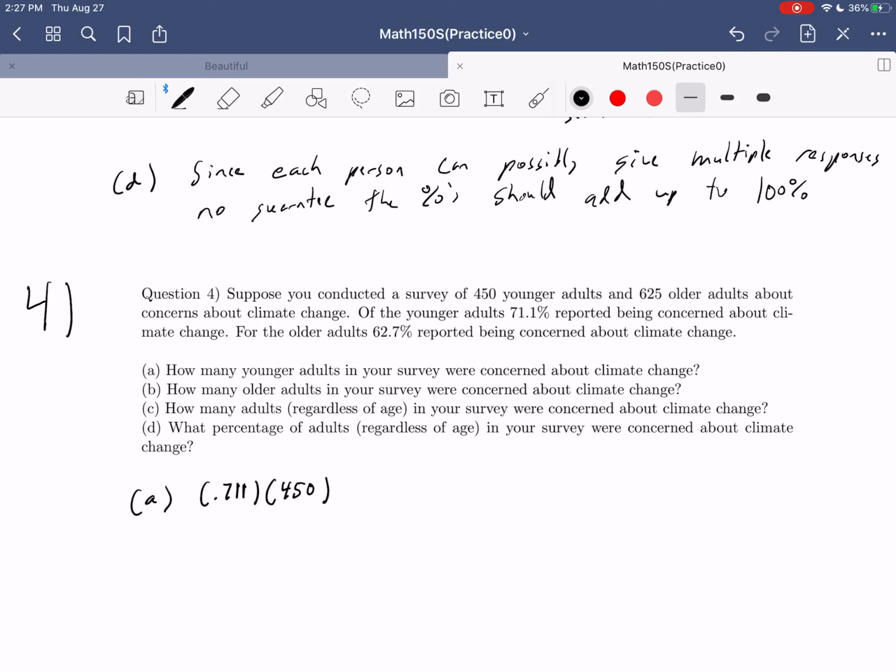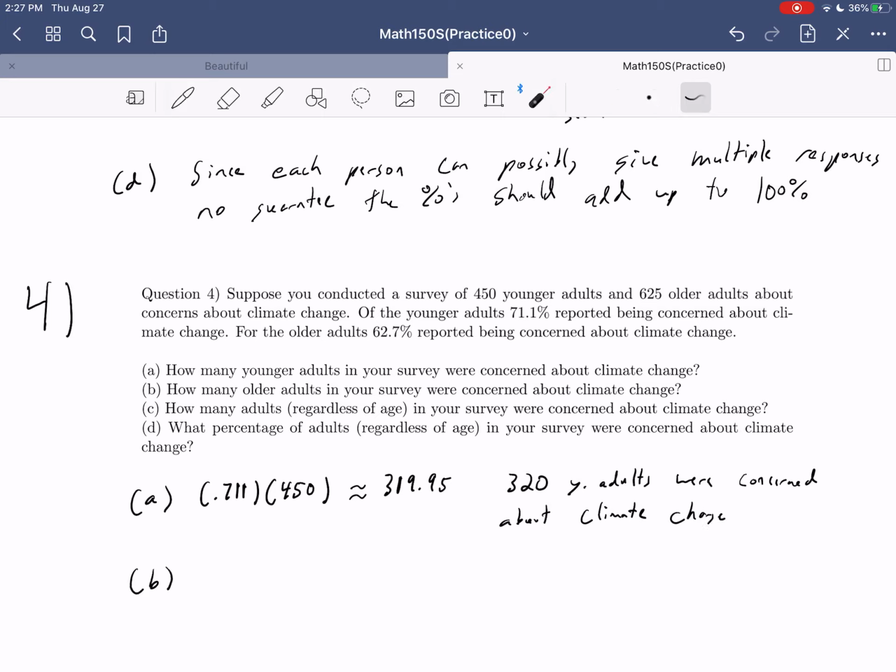On our calculator, 0.711 times 450, you should get about 319.95. So if we round to the nearest whole number, 320 young adults were concerned about climate change.